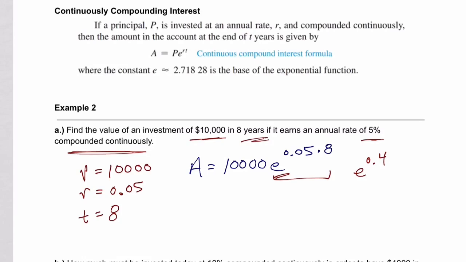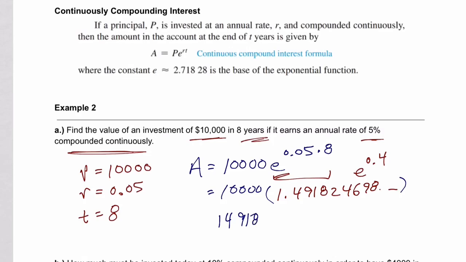And if you enter that into your calculator, you should see something like 1.491824698, something like that. And then our final answer is going to be that amount multiplied by 10,000. And so the amount after 8 years at continuously compounding interest is $14,918, and then with rounding, like 25 cents. The 6 has us round up.